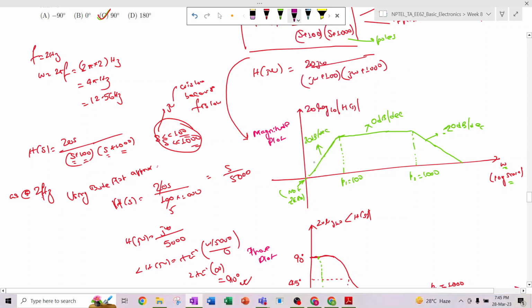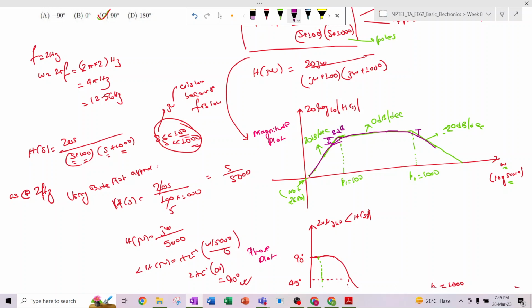Okay, so ideally the Bode plot will be like this, but in a real case scenario, this is not any sharp thing, so it will be like this, and here also it will be like this. So there is a certain gap between these two. This is the 3 dB cutoff frequency.